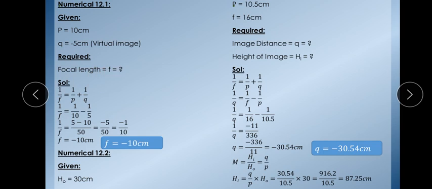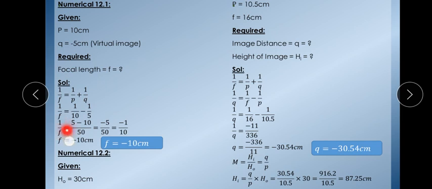The formula for this purpose is 1 over f is equal to 1 over p plus 1 over q. Then next step, we will put the values in it. 1 over f is equal to 1 over 10 minus 1 over 5, as minus will be multiplied with plus and it will become minus. So next steps are mathematically very simple. We have to take the LCM.